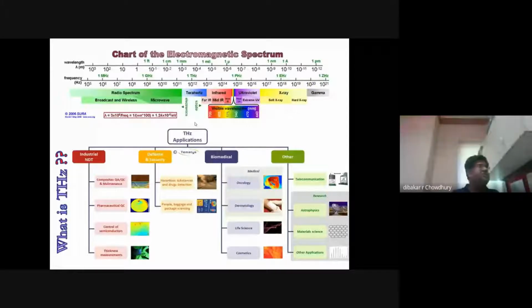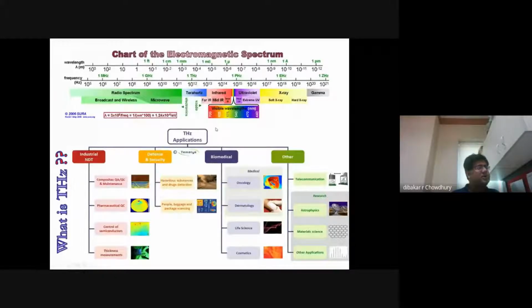However, for example, sunlight is a source of visible wavelength. In sunlight, you have parts of infrared, ultraviolet, then you have many lasers for these frequencies. And you also have many sources, Gunn diode, etc. for microwaves. But terahertz is lacking because of the unavailability of the sources and detectors.